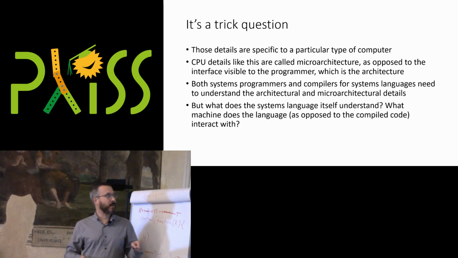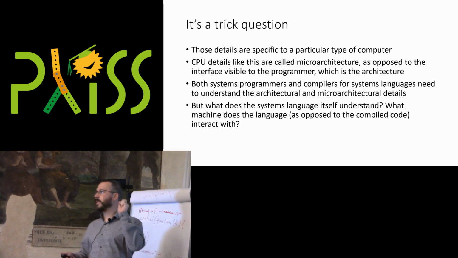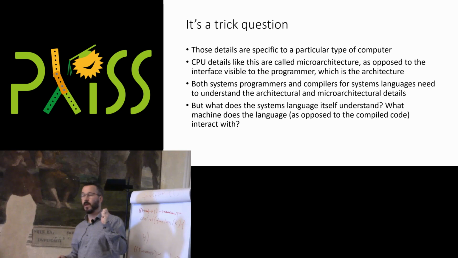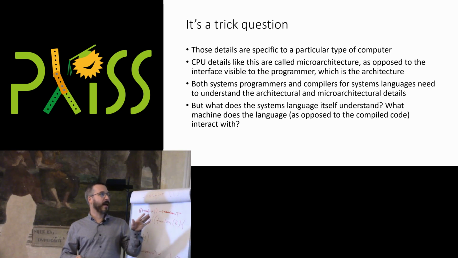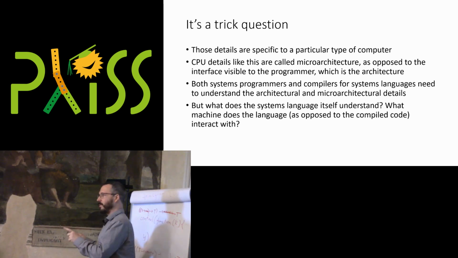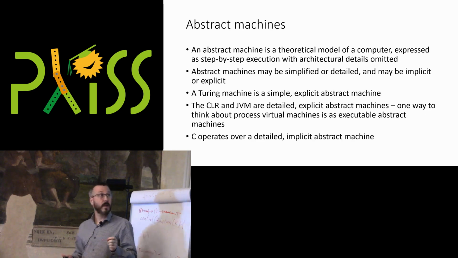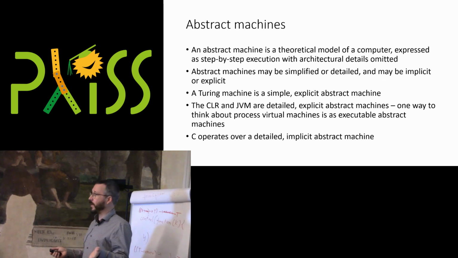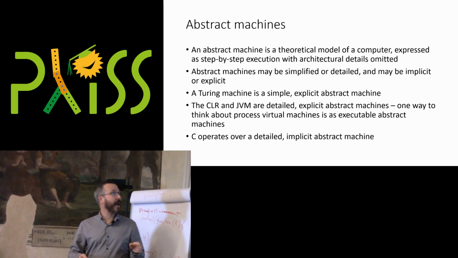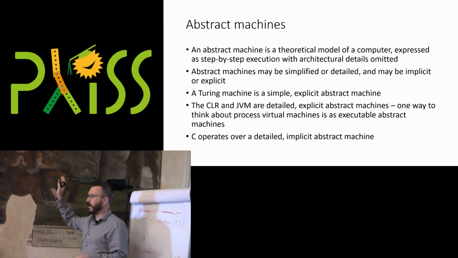What I want to talk about is, what does the systems language itself understand? Which is different. That's not what the compiled code understands, right? That's what the language itself understands. What does the language interact with? And that's, in my opinion, an abstract machine. And an abstract machine, hands up if you're comfortable with the term abstract machine.